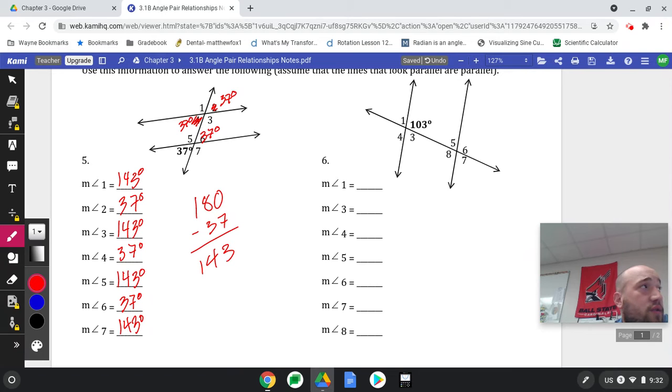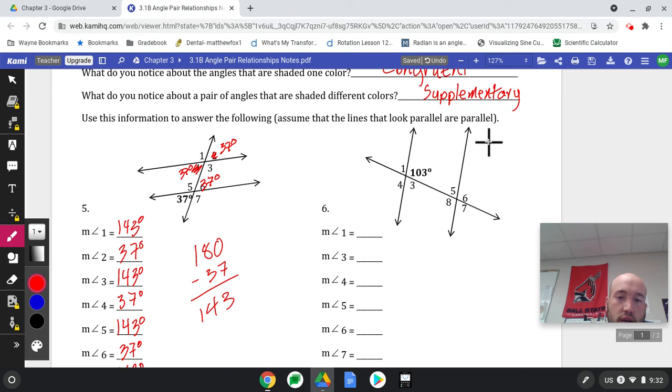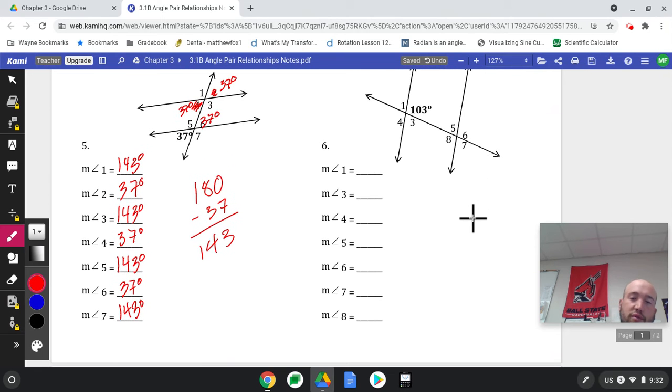Now, as we move on to number 6, we look here and we see that 103 is right there. Angle 4 we know is the same, so 4 would be 103. 8 will be 103, and 6 will be 103.